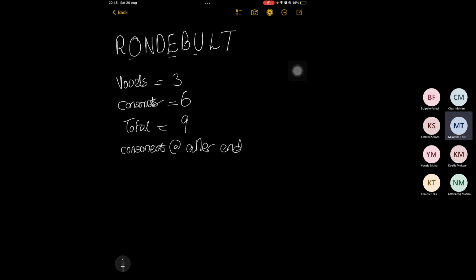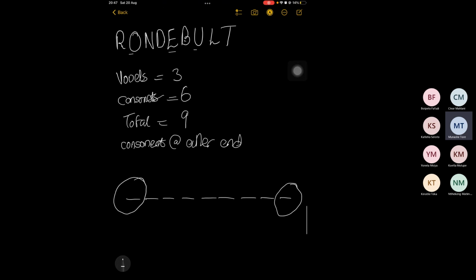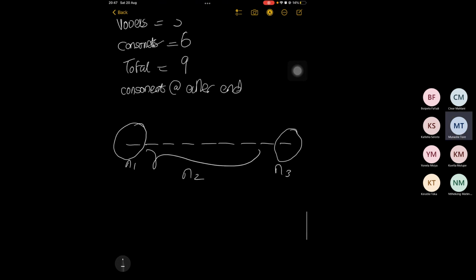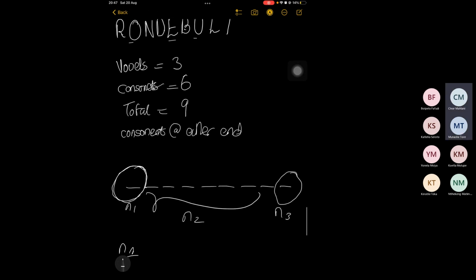So what this means is we have 9 positions. If consonants are at either end, it's going to be here or here, isn't it? So for the first position, we want a consonant.